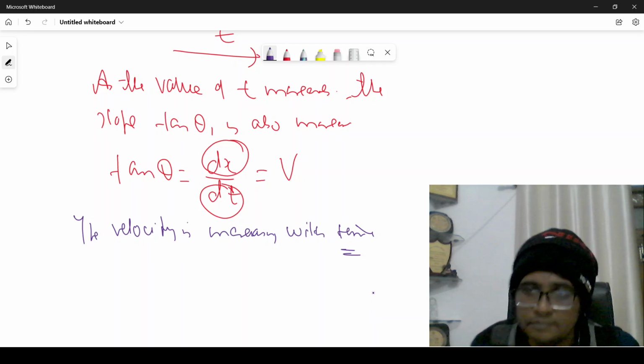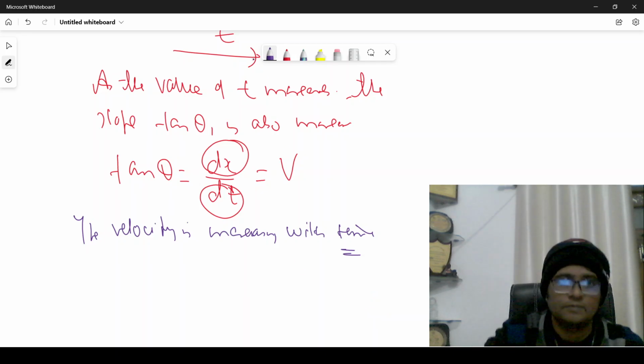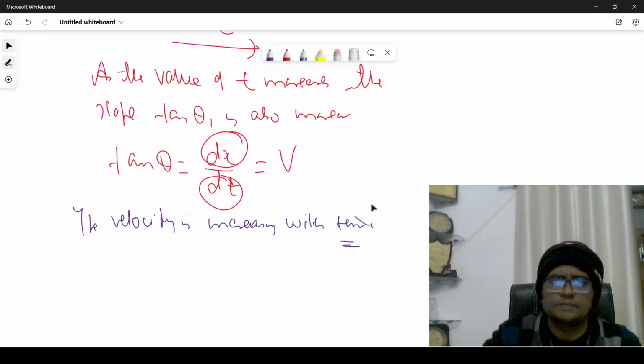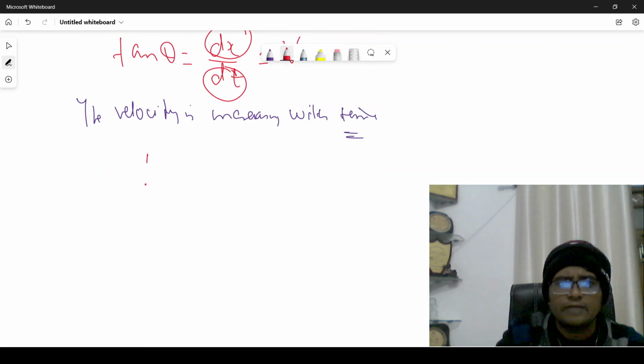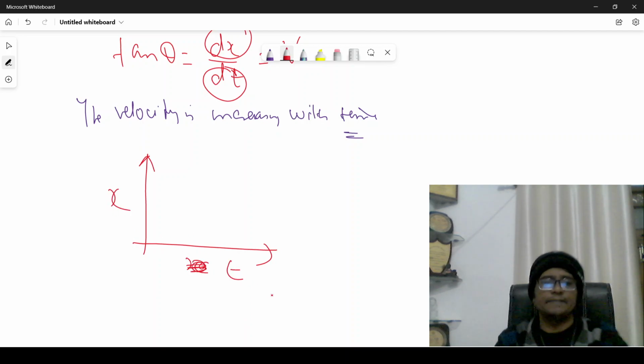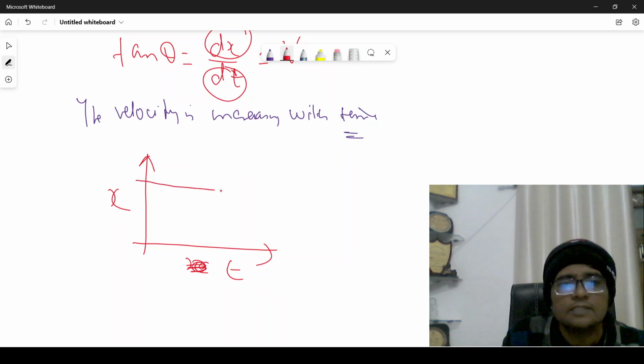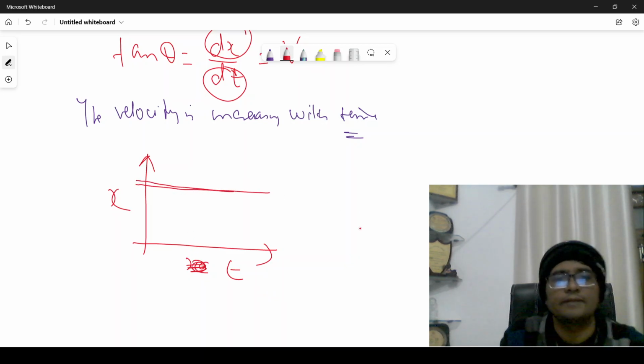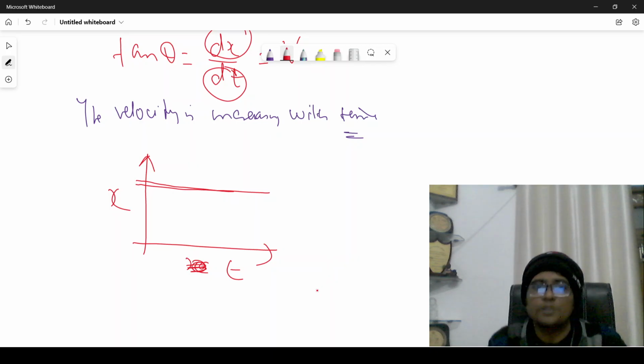Right? Perfect. Okay, nice. Now suppose if I draw the graph like this, here it is x, here it is t. We draw the graph like this, a straight line. And if I ask you, what is the rate of the change of x with respect to t, means what is the nature of my velocity?